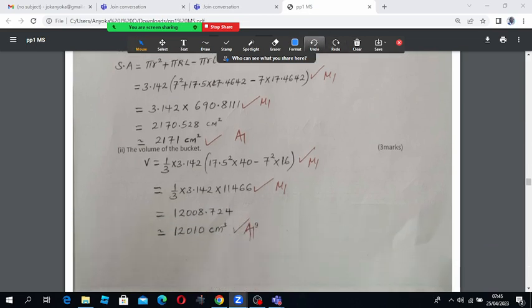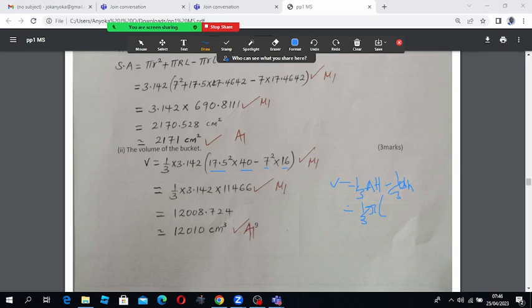Last question. The volume of the bucket. We know that volume is equal to a third base area times height minus a third base area times height, where the base area, if we factor out a third, pi, we remain with 17 squared times 40 minus 7 squared times 16.